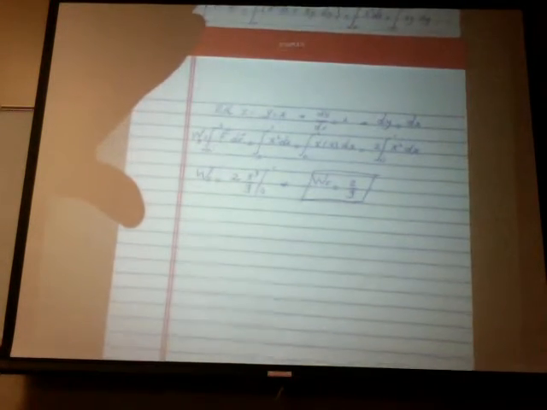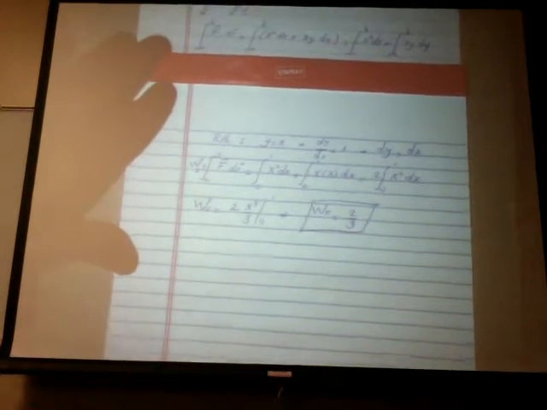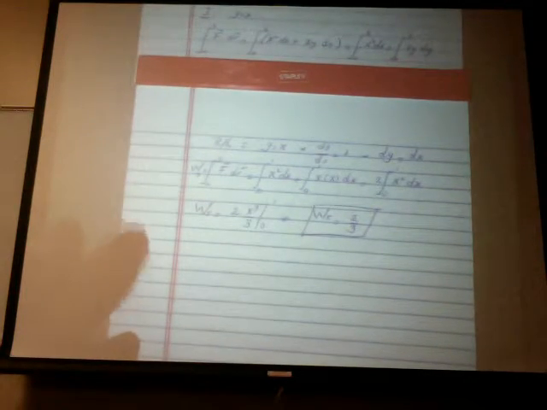It ends up being force times distance, but whatever units of force and whatever units of distance. All right. That's path 1.